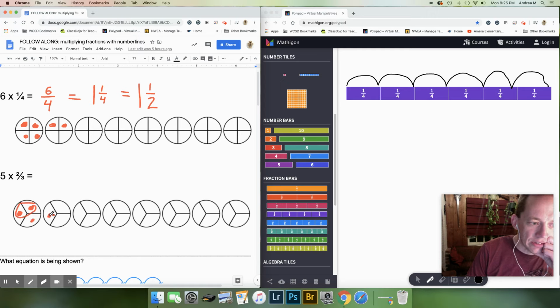That's 2/3 2 times. 2/3 3 times. What I'm doing is I'm circling my 2/3 so I can keep track of how many times I have them. So I have 1 set, 2 sets, 3 sets, 4 sets, 5 sets. So what I'm looking at right now is I have 1, 2, 3, 4, 5, 6, 7, 8, 9, 10. I have 10 thirds.